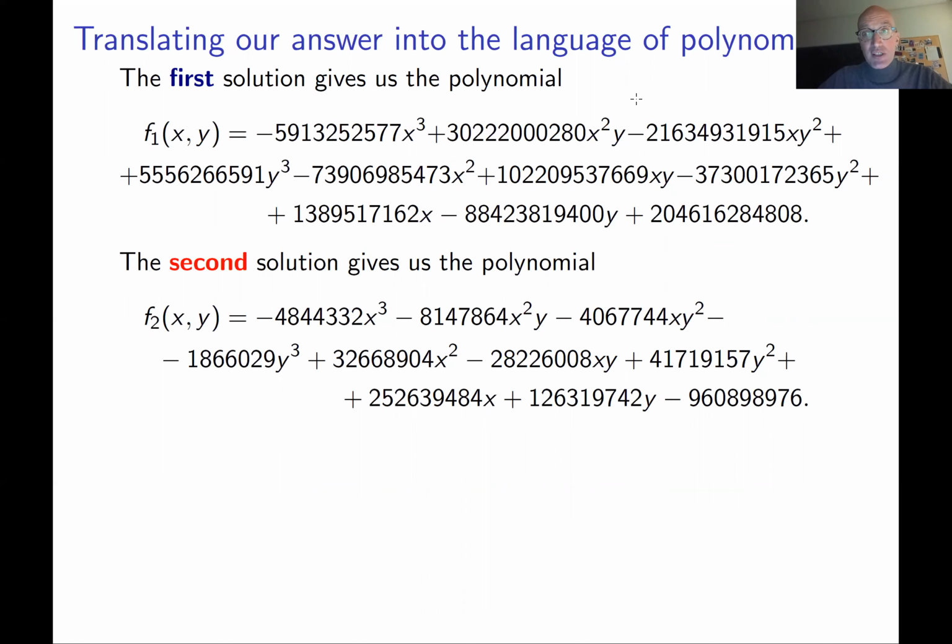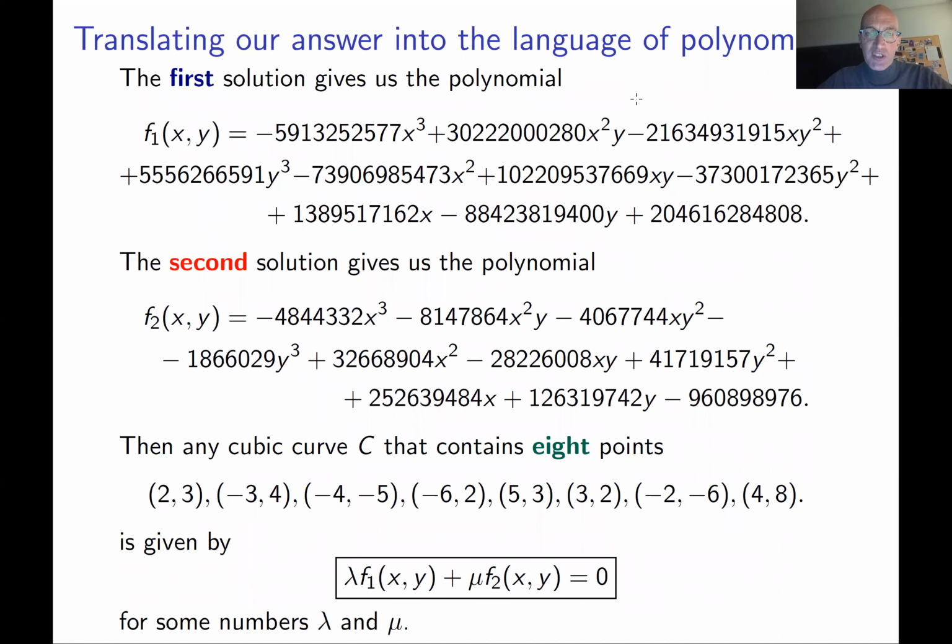And then what we just proved is that every curve which passes through the 8 points of the intersection which we fixed is given by the following equation: some lambda times f1 plus mu times f2 equal to 0. So these are all possible curves which pass through 8 points.